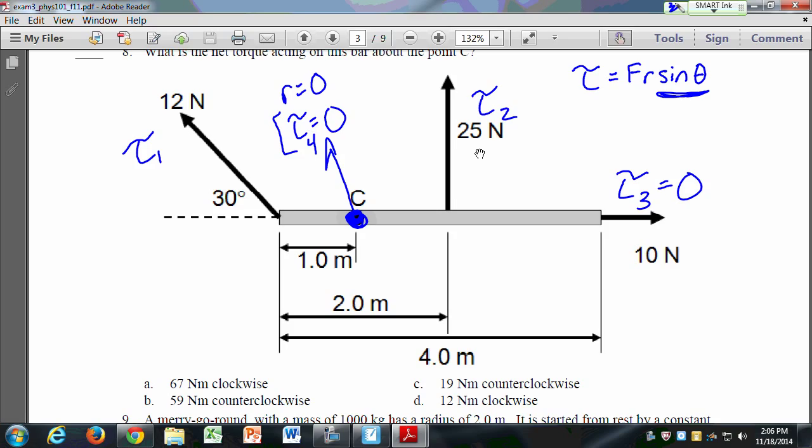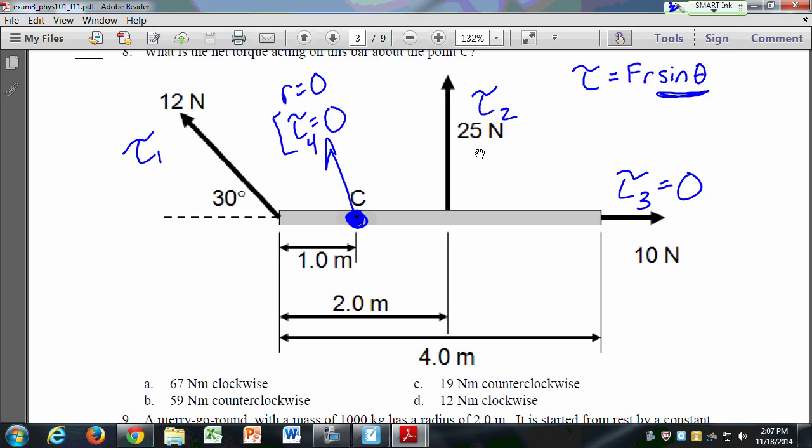Then you want to identify whether these are positive or negative torques. I like to take a pen and put it so that it rotates about there. Then I imagine, what if I pull up? Then this object will rotate in this direction, and that's counterclockwise. So this force causes a counterclockwise rotation, which is positive.